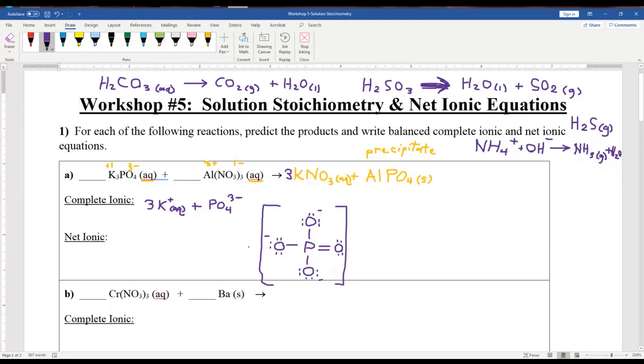Huh. I had been told differently, because if you look at network covalent structures, for example diamond and things like that, those crystal structures composed of covalent bonds require temperatures in the thousands of degrees Celsius in order to melt, because to melt it you really have to break those covalent bonds.